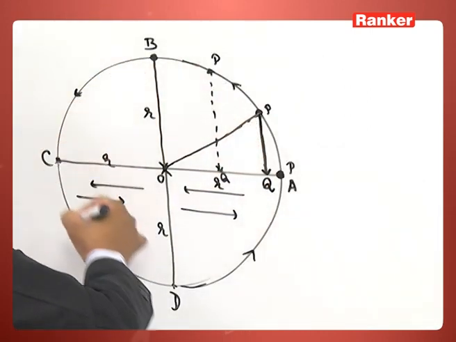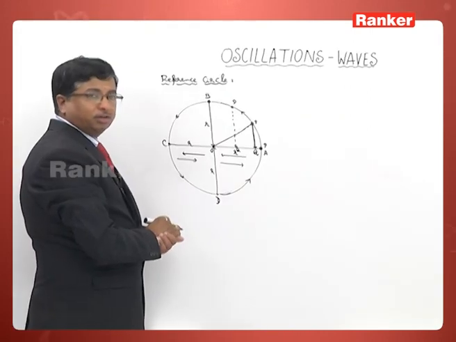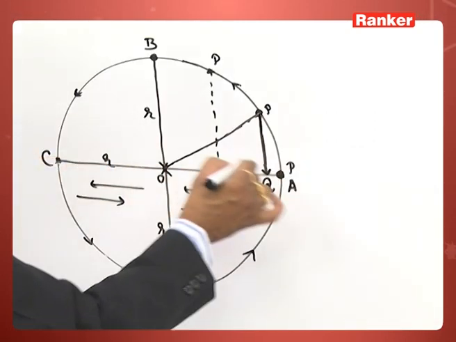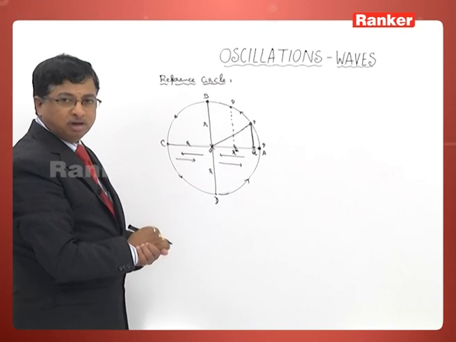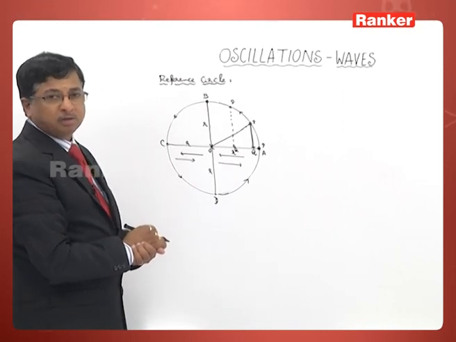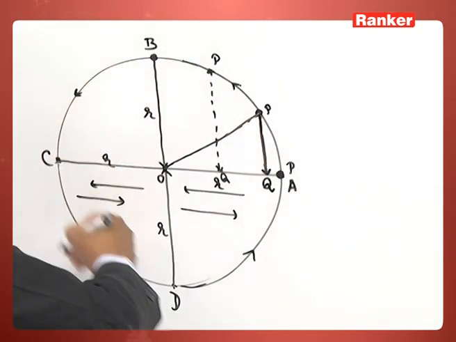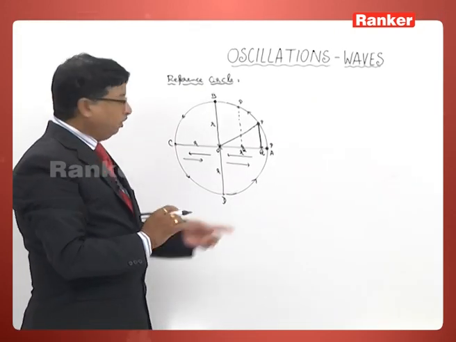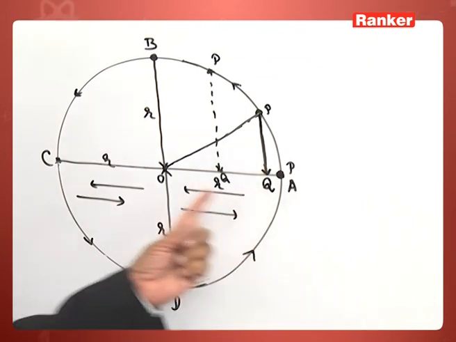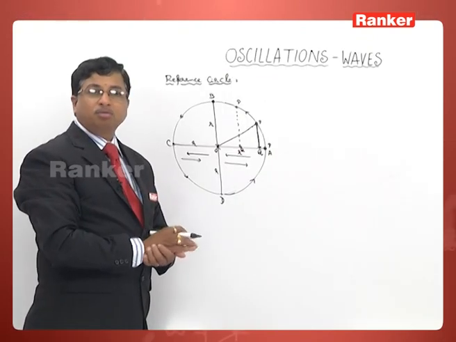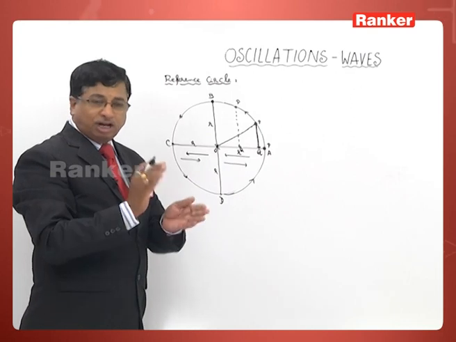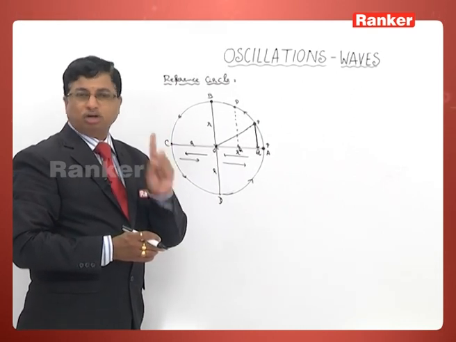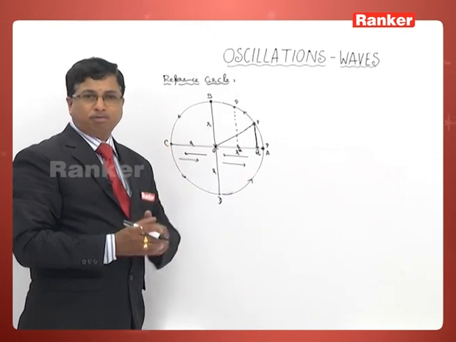One rotation on the circular circumference is equivalent to one oscillation along the diameter by the foot of the perpendicular. If it completes the second rotation, it completes the second oscillation. That means, rotatory motion and oscillatory motion are similar. One rotation is equal to one complete oscillation.